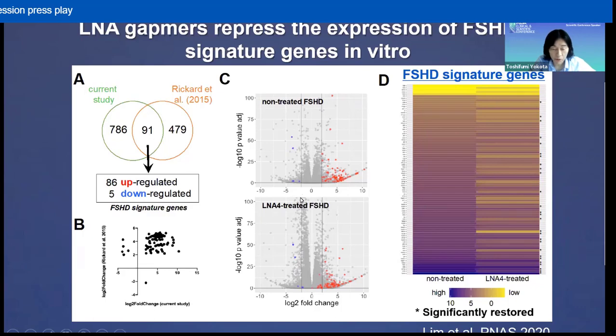After the treatment with antisense oligos, these dots shift to the center. That means the expression profile of these signature genes shifts toward the normal state. So this overall highlights that antisense oligos can return the state of cells towards normal levels.